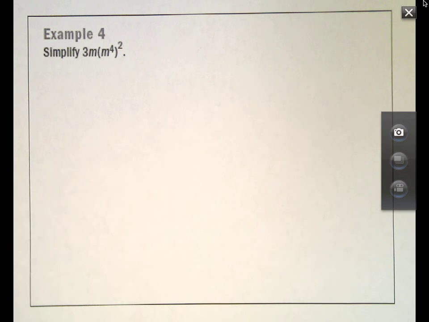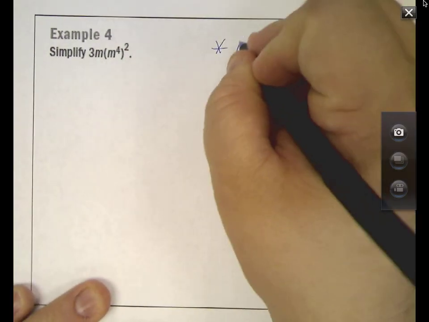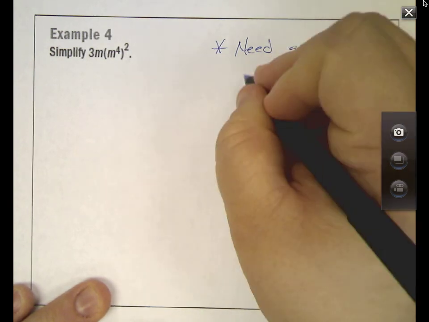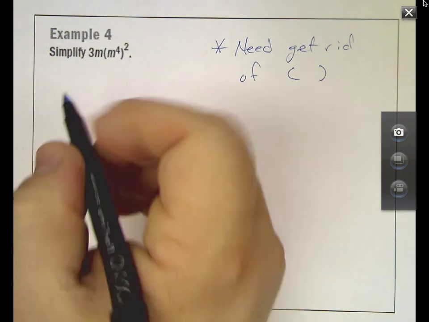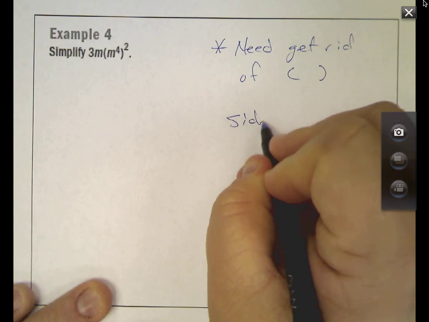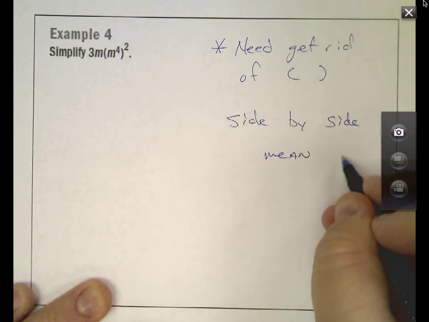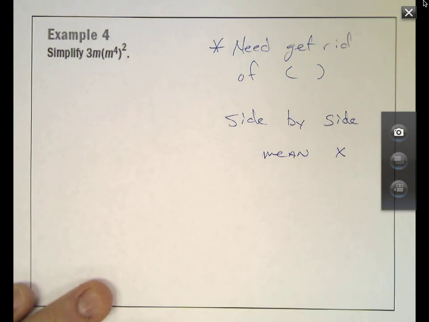Example 4. Simplify 3m times the quantity m to the 4th squared. What we always have to do is get rid of our parentheses, so we need to do that first. These things are side by side, and side by side means multiplication.